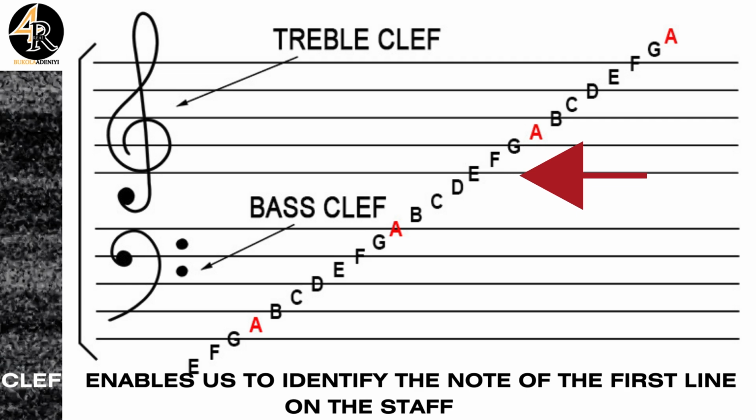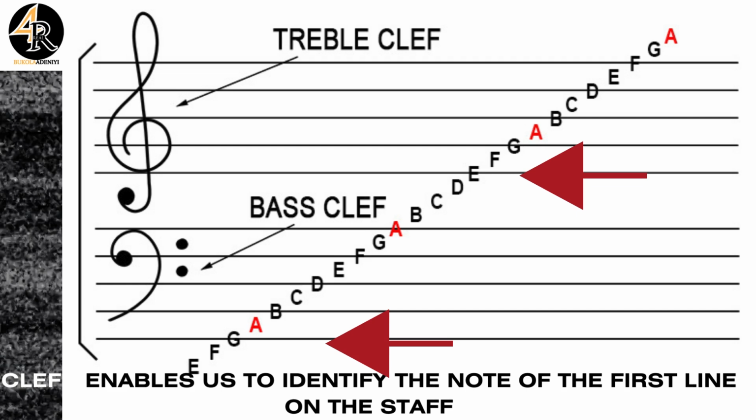The next space will be F and it goes further. If it is the bass clef or F clef, it means the first line is G, and it's also in alphabetical order as we go upward, moving from G to A, next space, next line B, next line C, and it goes further. It's as straightforward as that.